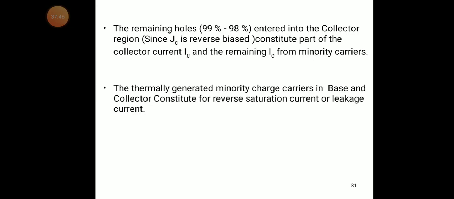The remaining holes entering the collector region constitute part of the collector current IC, and the remaining IC is from minority carriers.